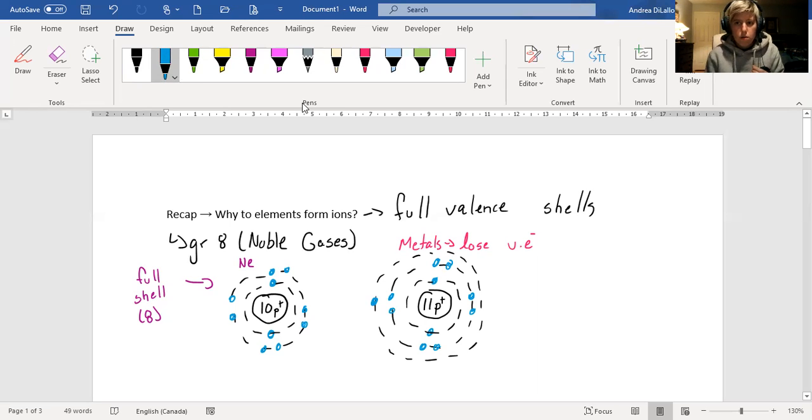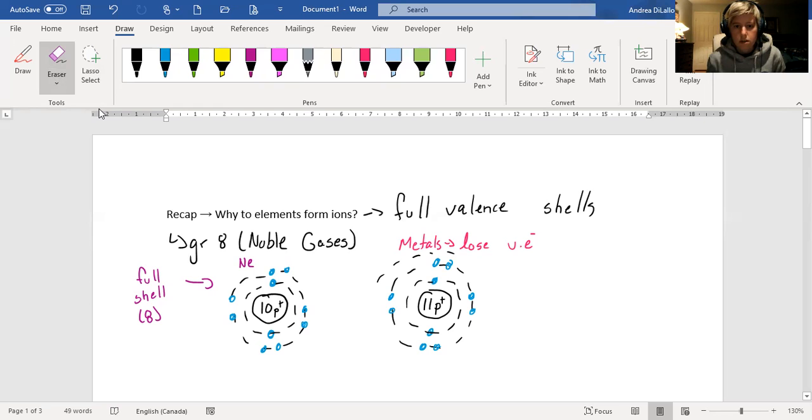Now, when sodium forms a chemical reaction, it loses this last electron on its valence shell. So it basically becomes an ion. And metals, whether they're in groups 1, 2, and 3, are going to lose this valence electron. So sodium would be giving this electron to another element that needs electrons. If this electron disappears, the entire shell disappears.